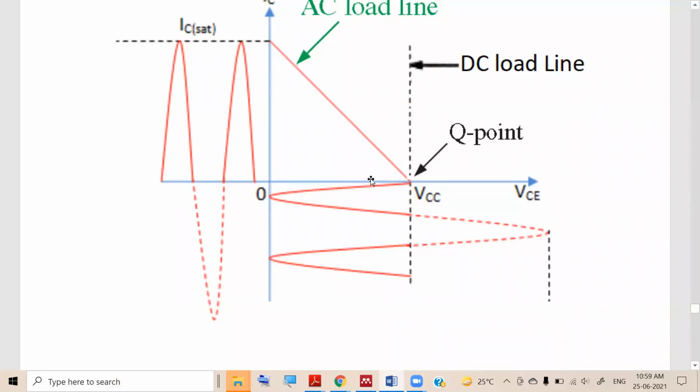So VCC equals Vm. Very good. VCC is equal to Vm, right?